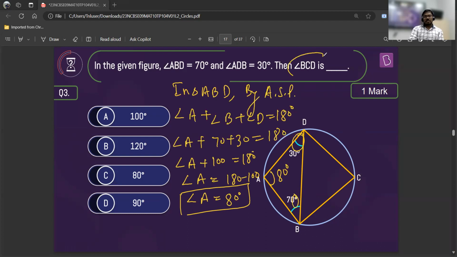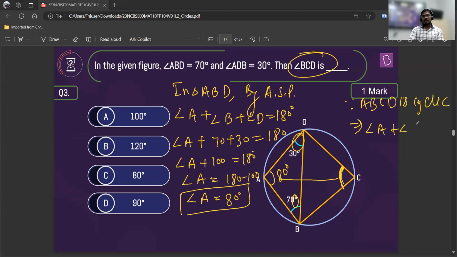Now we have to find this angle BCD, and we know that ABCD is a cyclic quadrilateral. The sum of opposite angles will be 180. Because ABCD is cyclic, angle A plus angle C is equal to 180.